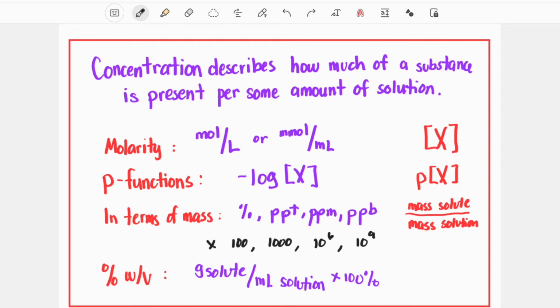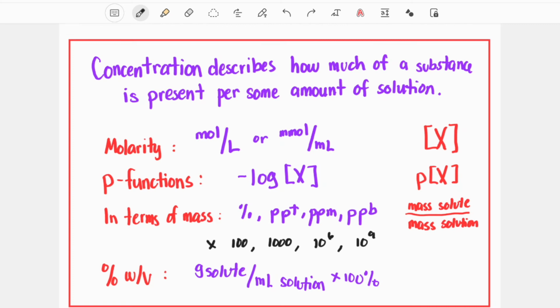We have other units of concentration in terms of mass of the mixture or solution. We have percent, parts per thousand, parts per million, and parts per billion. In each case, it's mass of the solute divided by mass of the solution times some factor. So, for example, if you want a percentage, you multiply it by 100%.